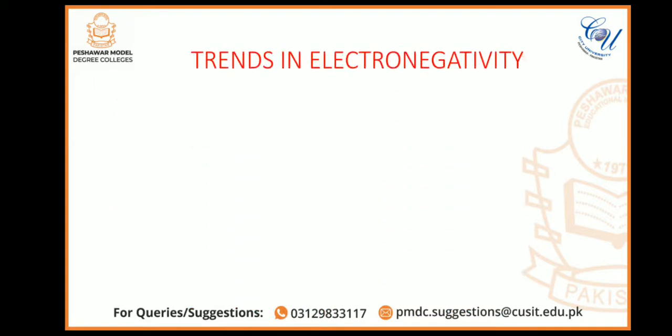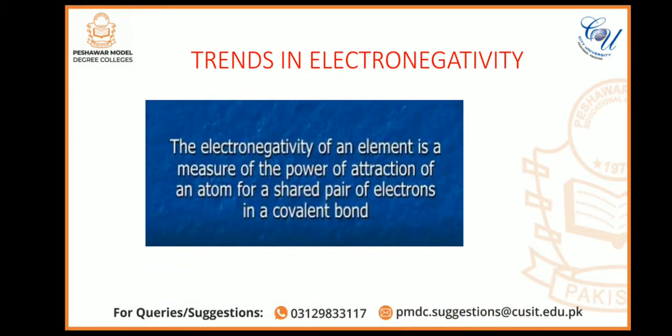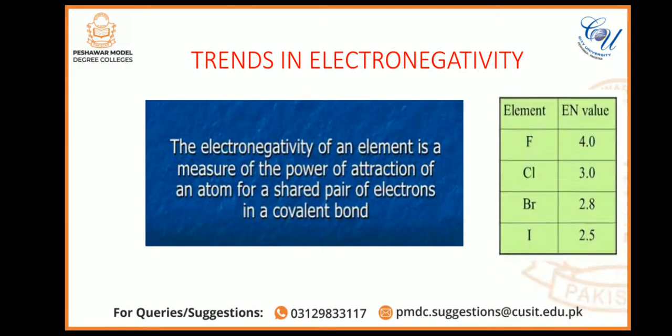Next is trends in electronegativity. The electronegativity of an element is a measure of the power of attraction of an atom for a shared pair of electrons in a covalent bond. Here you can see the electronegativity of group 7 elements.